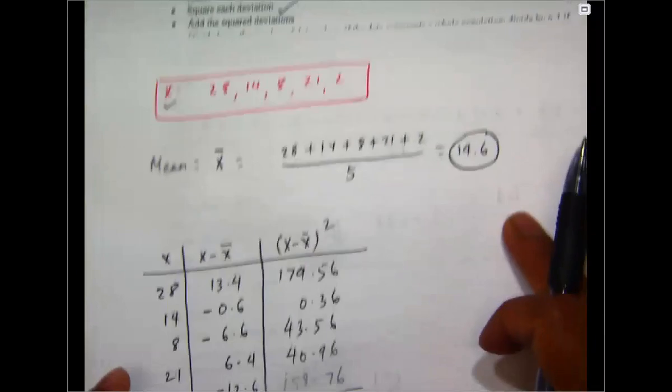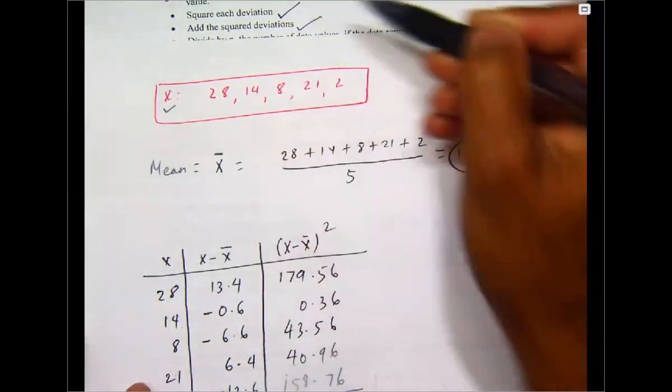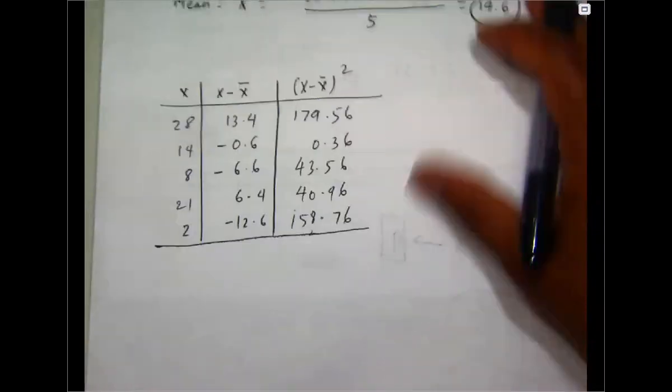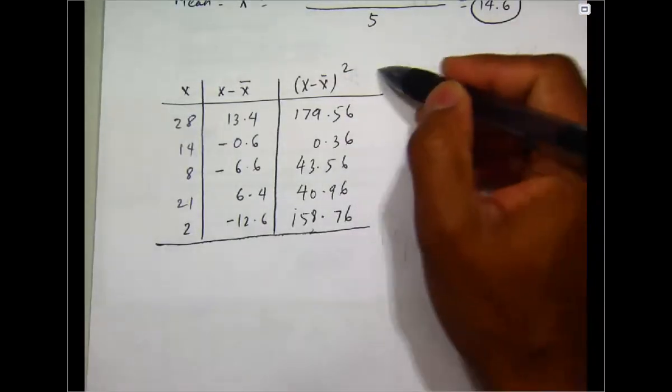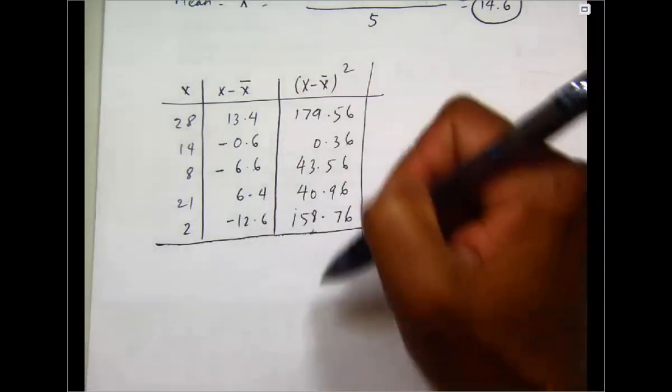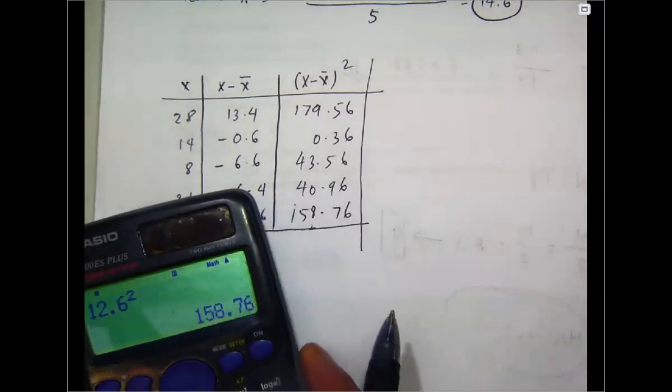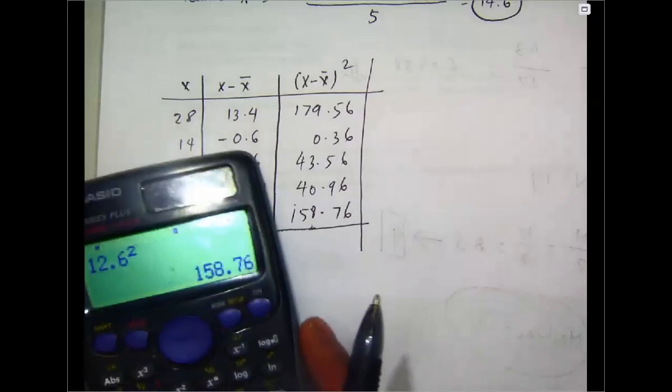Okay, next step is add the squared deviations. You just have to add this column. 158.76 is already here, so I'm not going to enter it again.